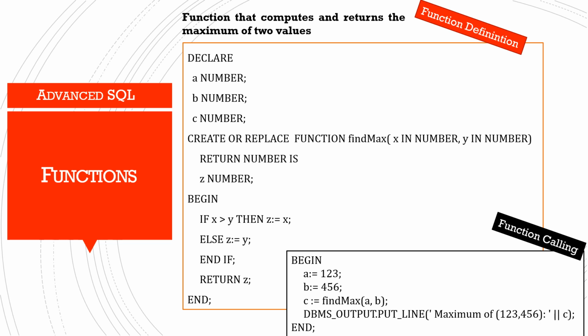The value of A is assigned to X and B is assigned to Y, and we check whether X is greater than Y, and the value is returned in Z. Among A and B, whichever is greater is assigned to the variable C, and it is output with the help of the dbms_output.put_line function. So once the function is defined, if you want to make use of it, we have to call that particular function.